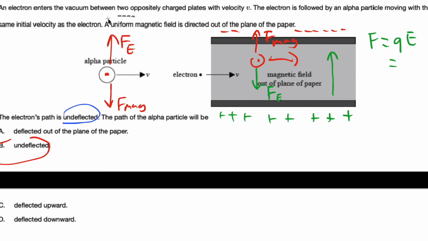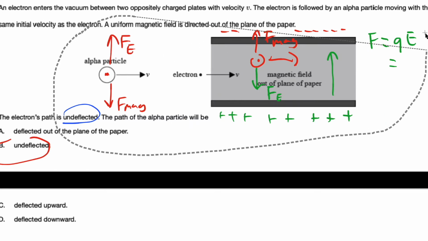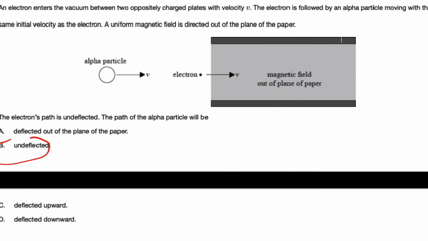So let me erase all of those. Another easier way of solving this is the following. Force due to the magnetic field is equal to charge times velocity times magnetic field times sine theta.